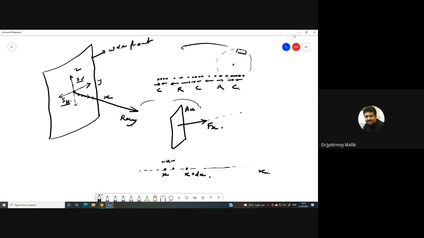Displacement means simply moving here, or you can say this is like your longitudinal strain. It's not exactly longitudinal strain, but it's something like the delta L. And x plus dx has a displacement of u plus du.